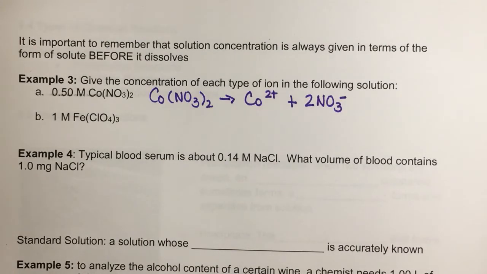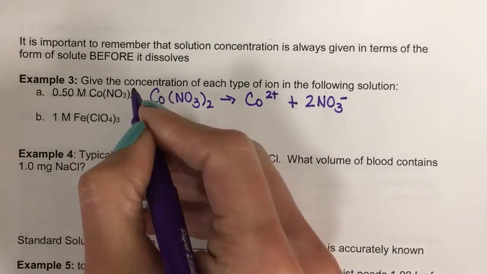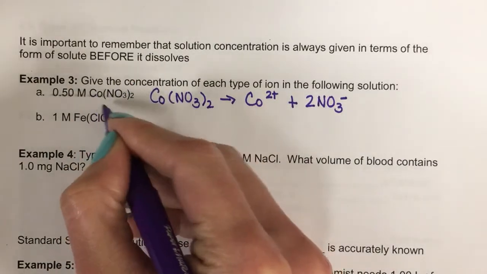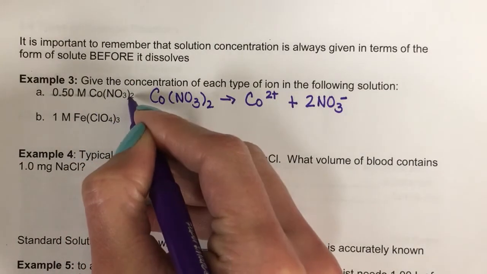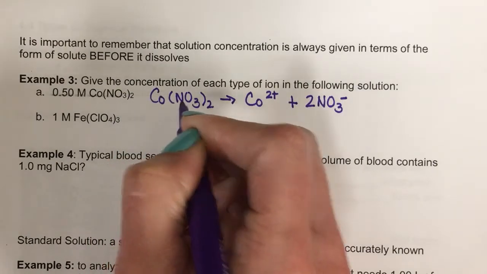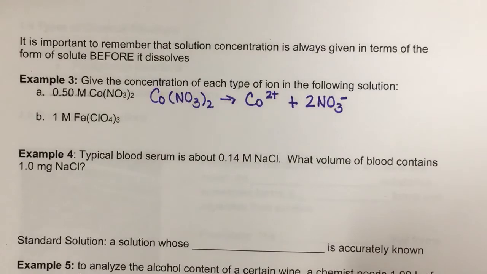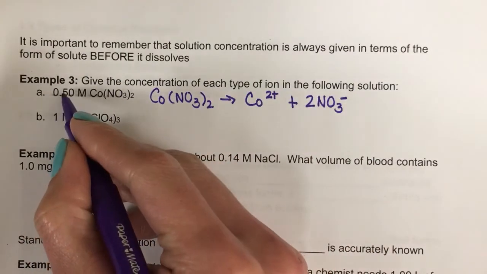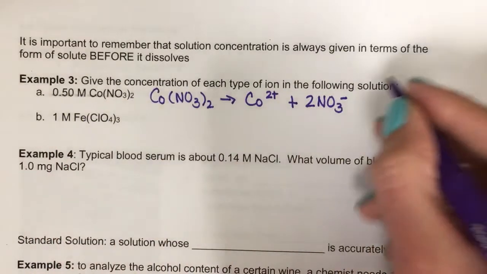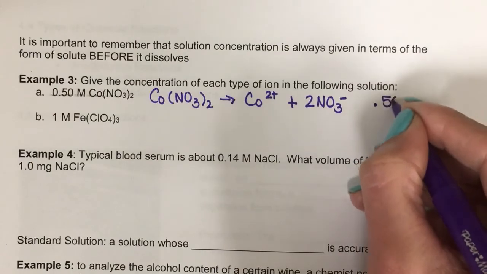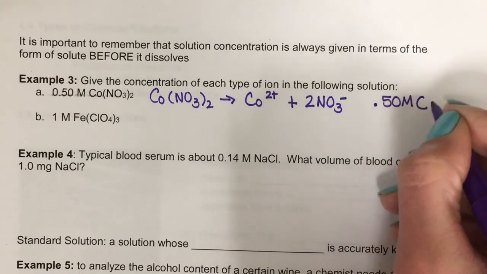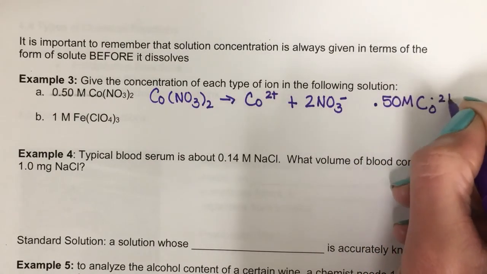So if I was looking at the concentration of each ion, for every 1 mole of cobalt nitrate, I get 1 mole of cobalt +2. So since I have a 0.50 molar solution, I would have 0.50 molar cobalt with a +2.